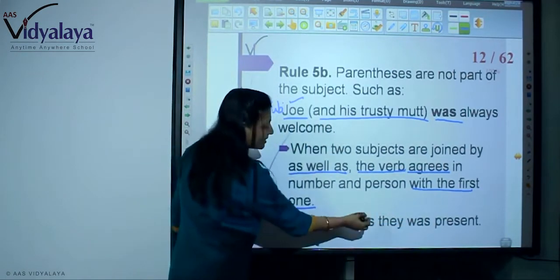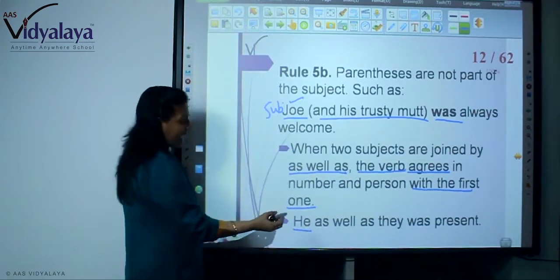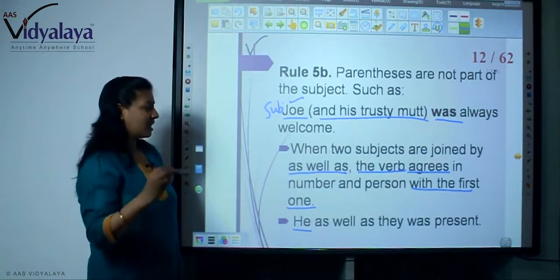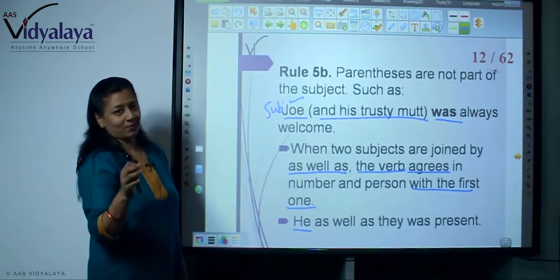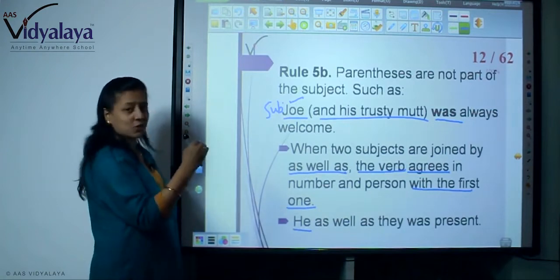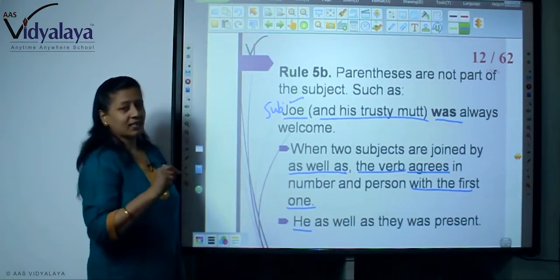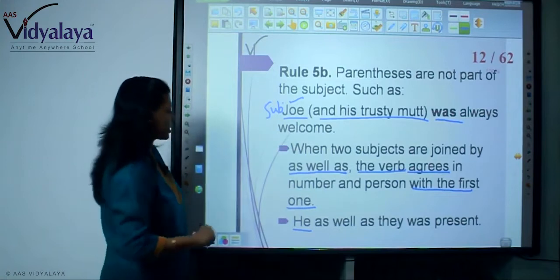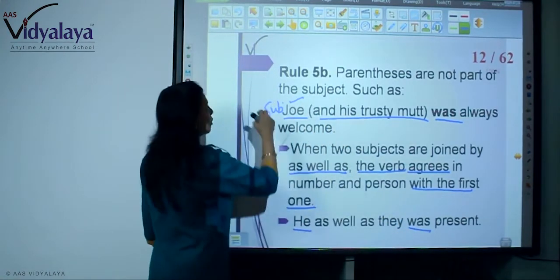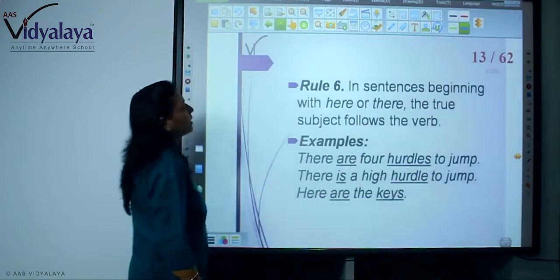He, because it is written with as well as. He as well as they was present. So this is the rule. If the subjects are joined by as well as, the verb agrees with the first subject. Here this is the first subject, and so the verb is singular.